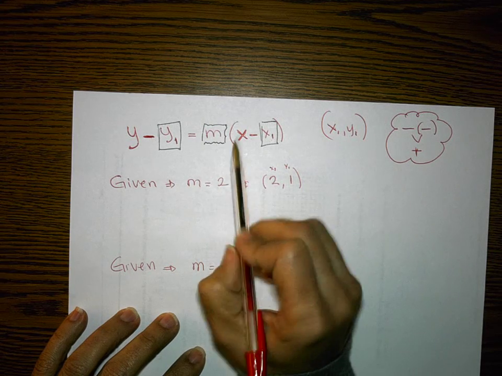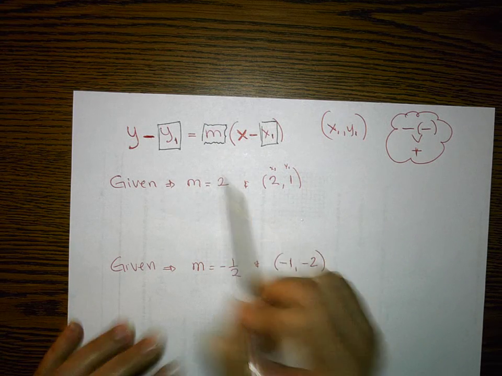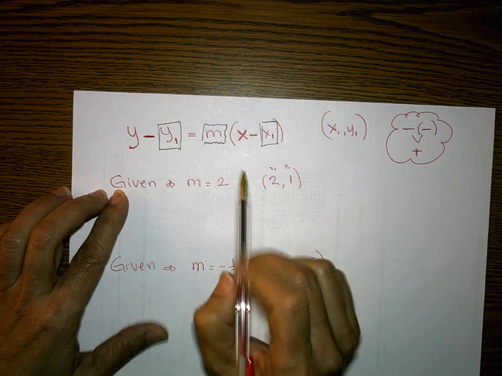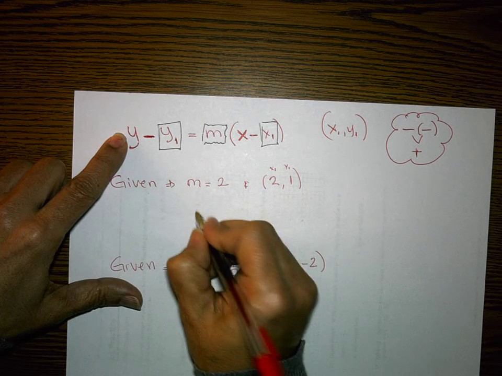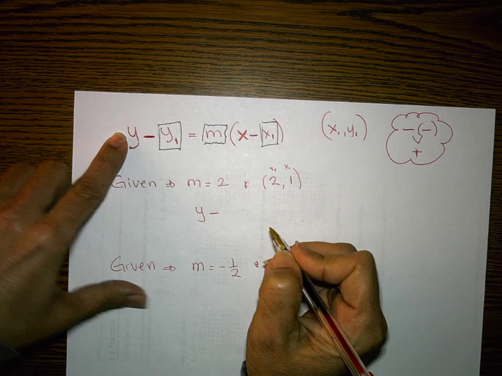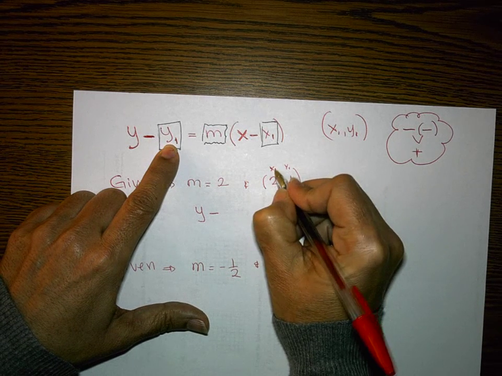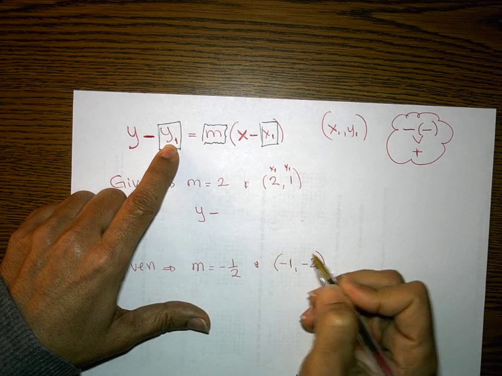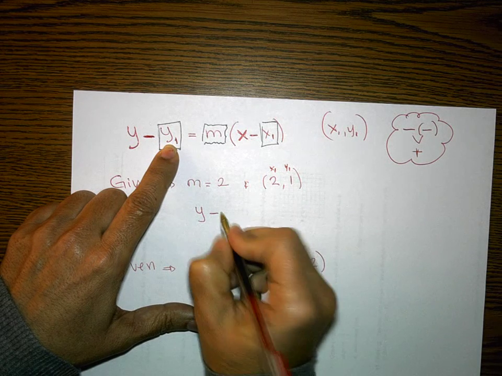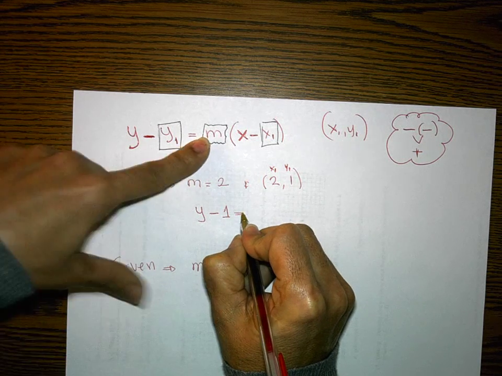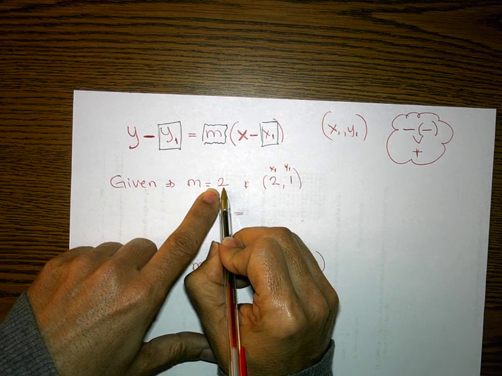So let's go ahead and see, if the information is given to us, how do we write this equation right here? So like I said, it is y minus, then I need my y1. I already labeled it here for myself. Here's x1, here's y1. So I just grab the y1, which is the number 1, and I plug it in here. Equals, the slope is m, and m is given to us as the number 2.